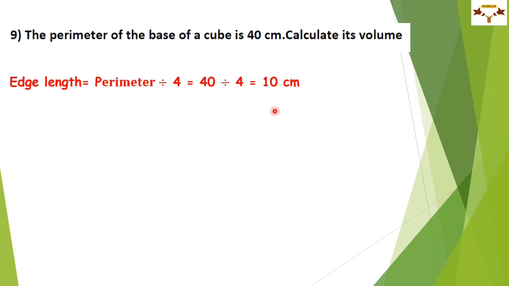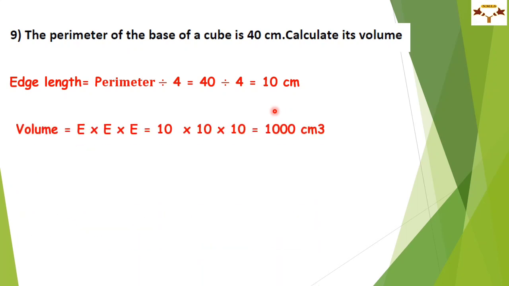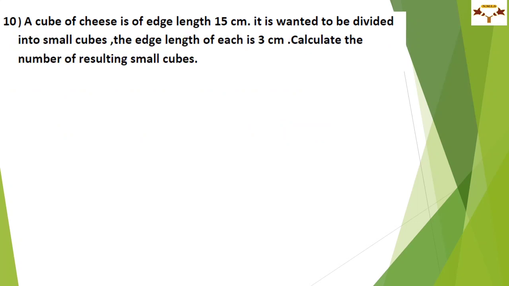Perimeter divided by 4 equals 40 divided by 4 equals 10 centimeters. This is the edge, 10 centimeters. Now to find the volume, equals h times h times h equals 10 times 10 times 10 equals 1000 centimeters cubed.